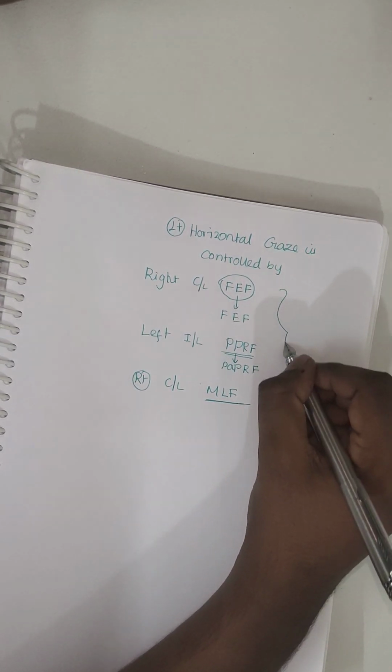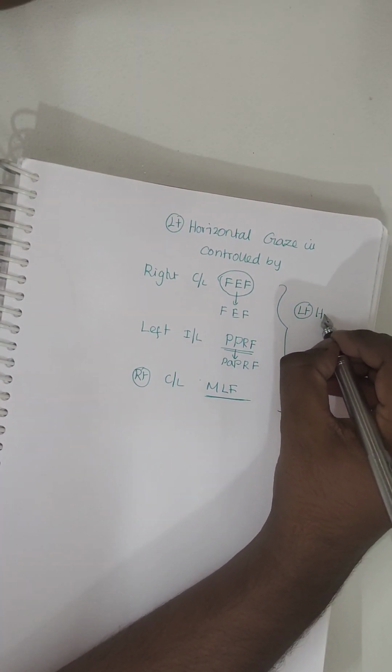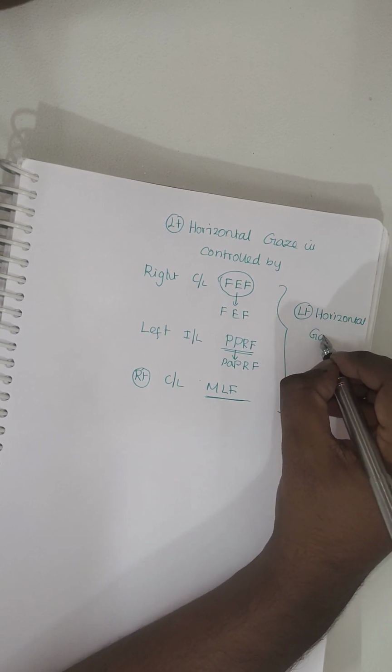So these three things constitute the left horizontal gaze.